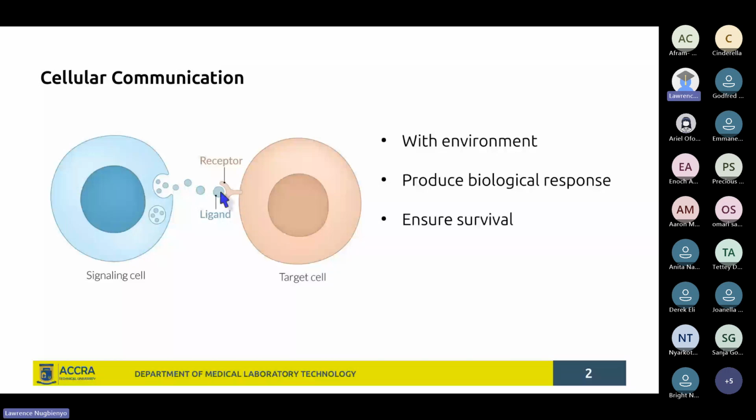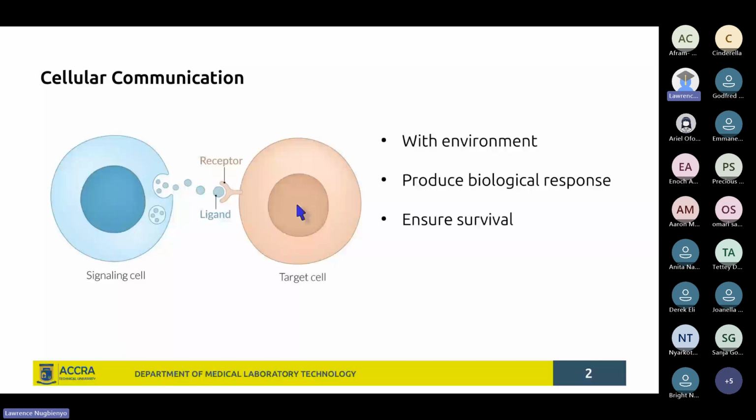And when they have interaction with the ligand, they send a signal into the cell. And we'll see some mechanisms as we go on by which some transcription is stimulated in the nucleus for some specific proteins to be synthesized.